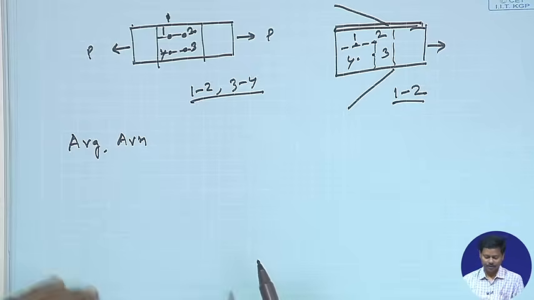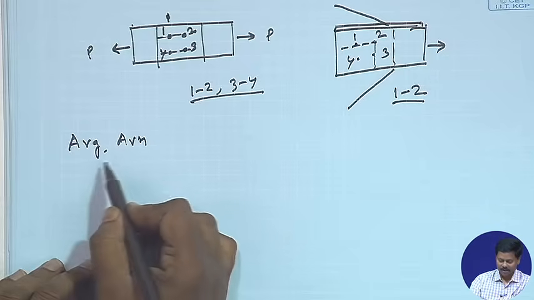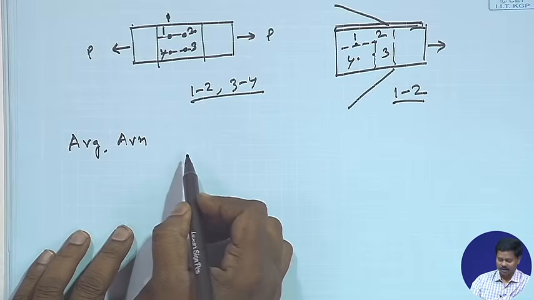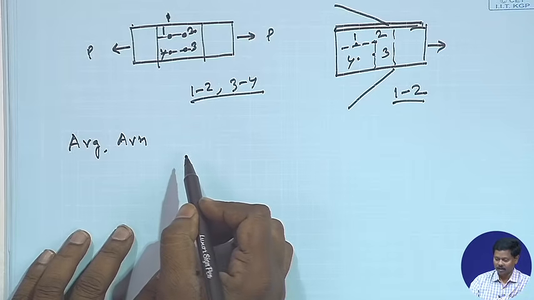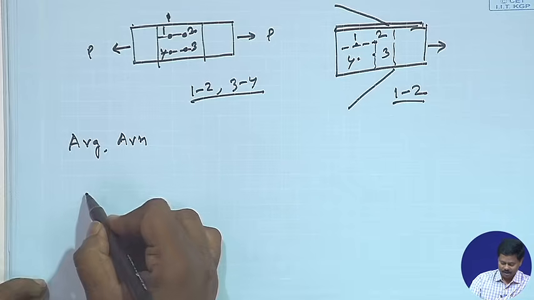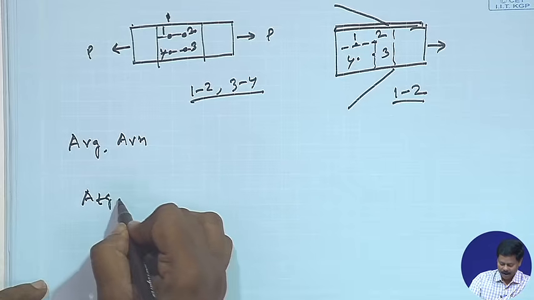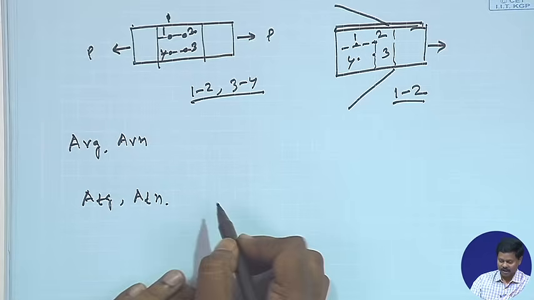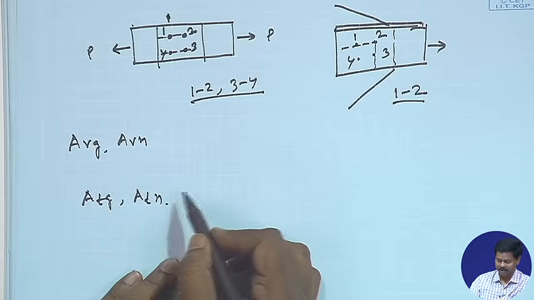So, AVG and AVN will be the minimum gross and net area in shear along bolt line parallel to external force.